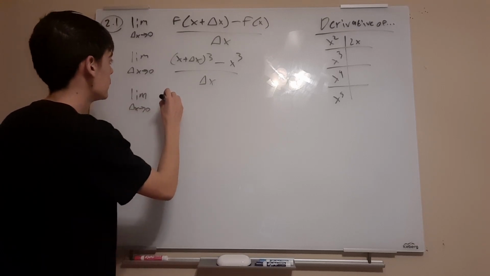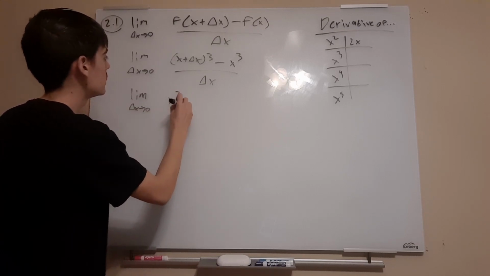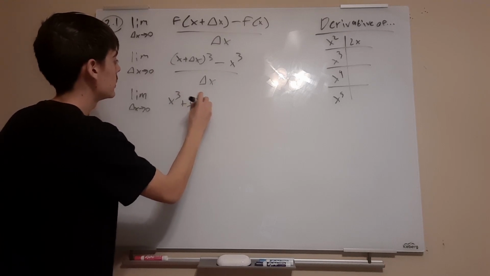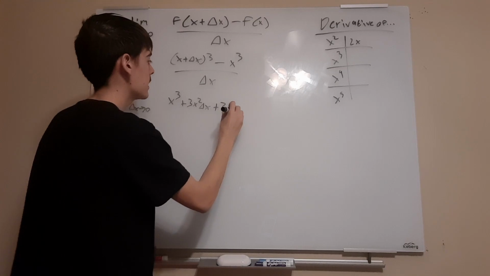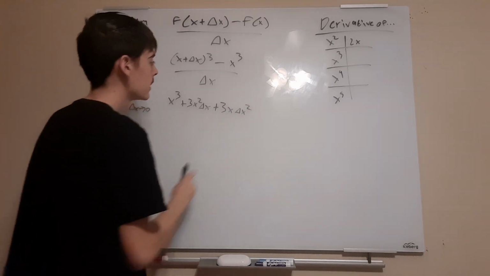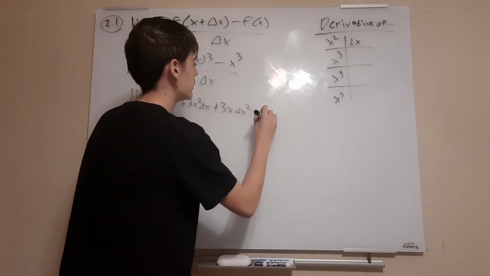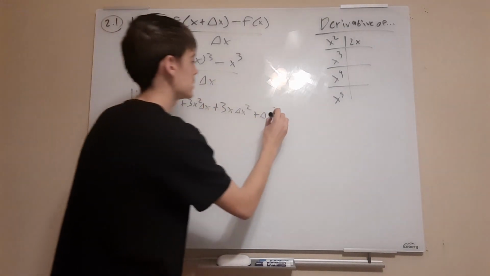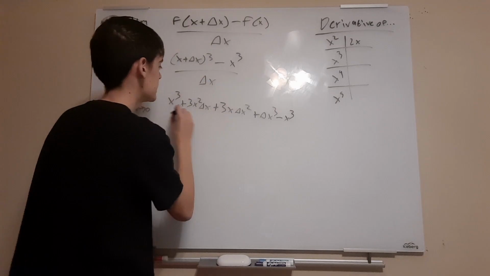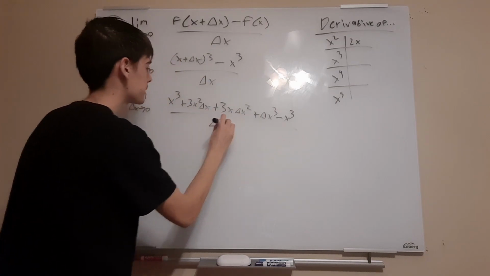So expanding that, we will get x cubed plus 3x squared delta x plus 3x delta x squared. And then we'll add delta x cubed. And then now we're just going to bring down this minus x cubed. And then it's still, again, all over delta x.